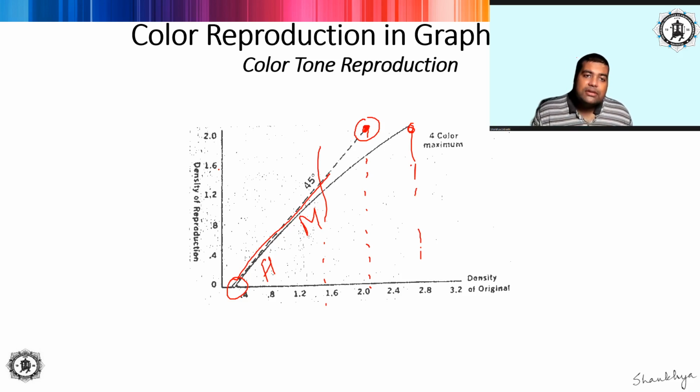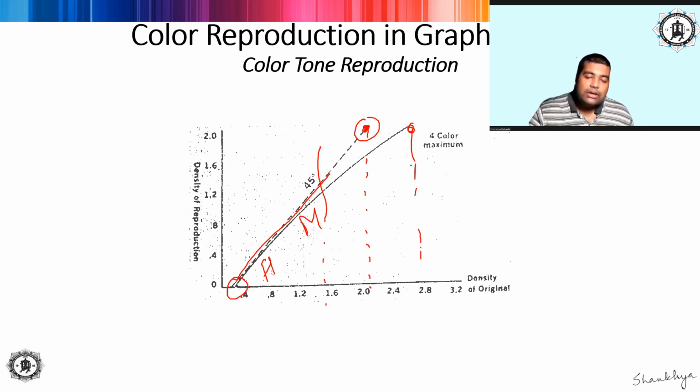So we are more concerned about the highlight and midtone area than we are about the shadow area. So we have that ability to compress the number of tones in the shadow area, whereas keeping the contrast of the highlight and midtone areas very high, in a nearly ideal situation.